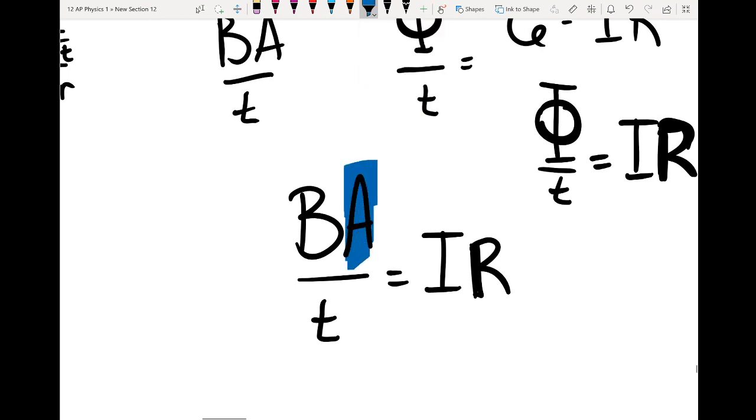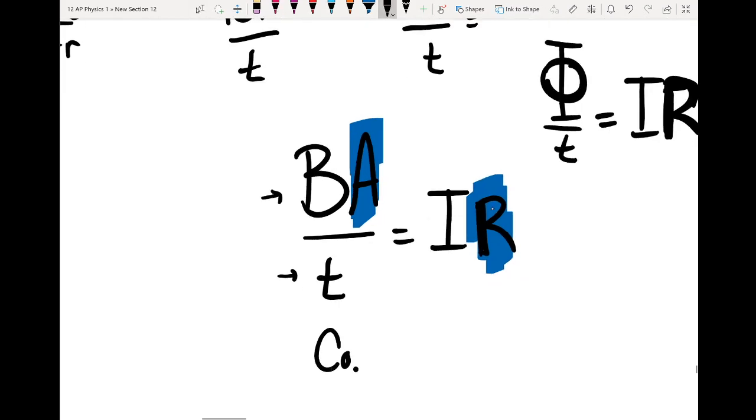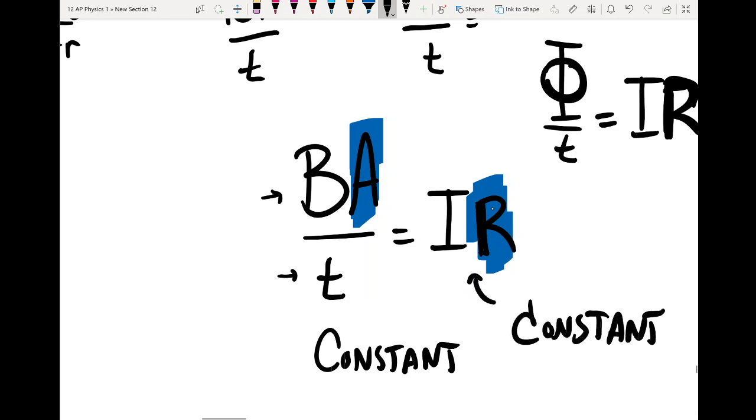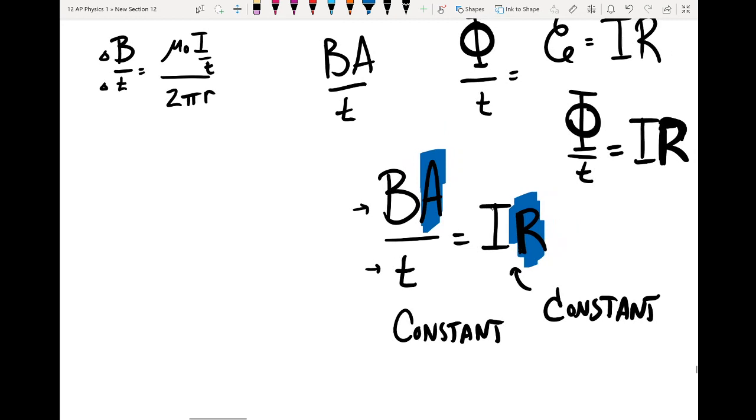So area is constant, our resistance is constant. So we can look at it and say, if this change in magnetic field over time is a constant value, then I know that my I is going to be constant, right? Because if something's changing on this side, it has to change the same amount on the right side of our equation.